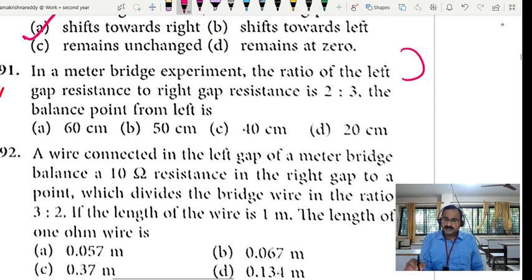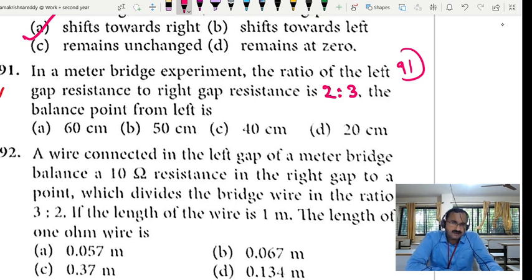Next, question number 91. They gave the resistance ratio 2:3. In the meter bridge experiment, the ratio of the left gap resistance to the right gap resistance is 2:3. They are asking for the balancing point from the left. Very simple. Already you know the formula. Either P by Q or R by S, your choice.